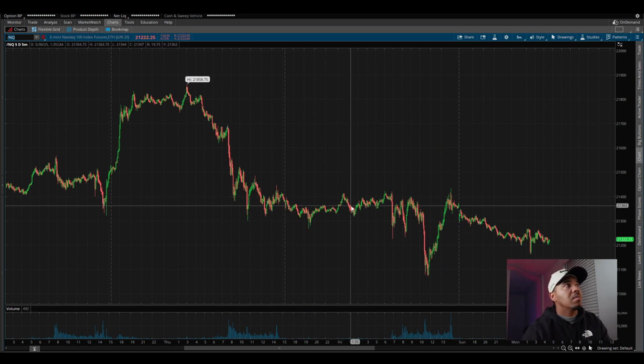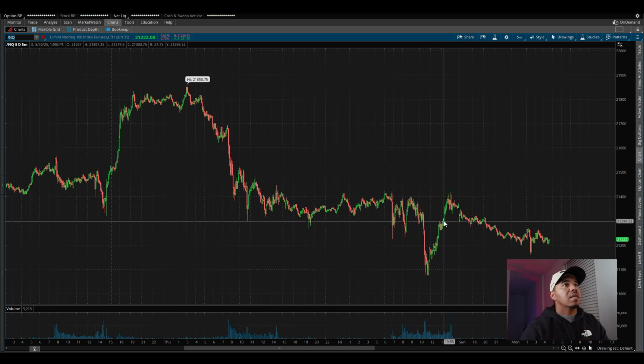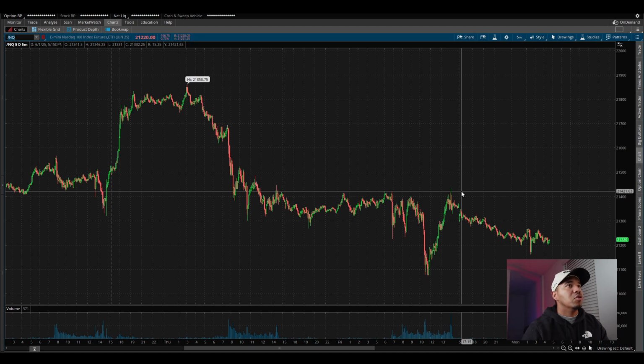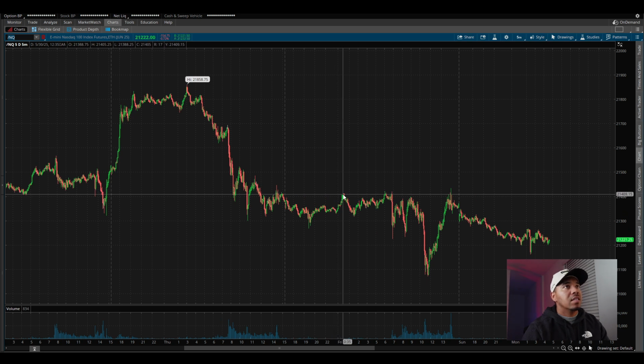So anytime the NASDAQ moves, it basically correlates with stocks like Tesla and Apple. They move with the NASDAQ, for the majority of the time. So we always want to map out and see what the NASDAQ is doing.